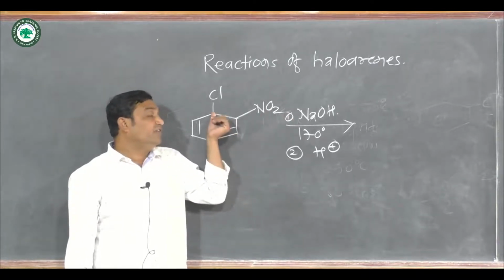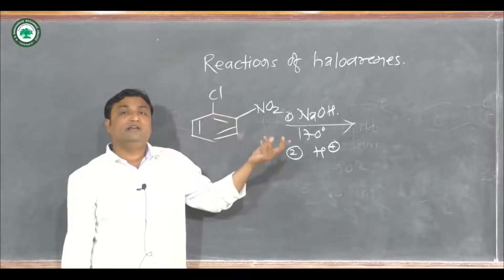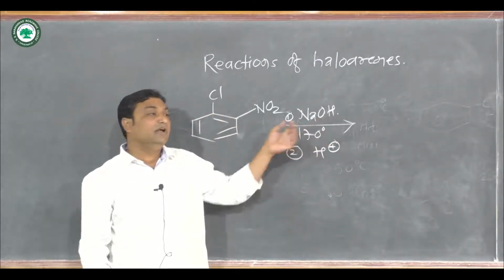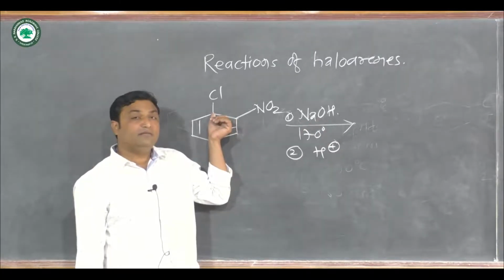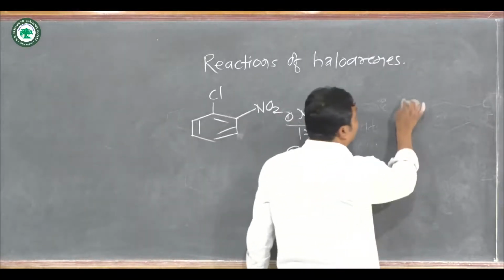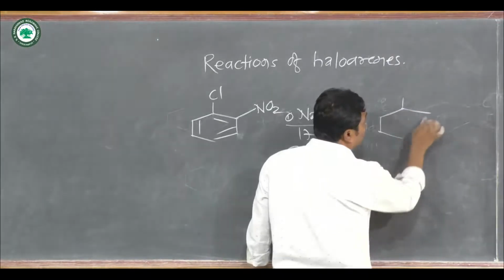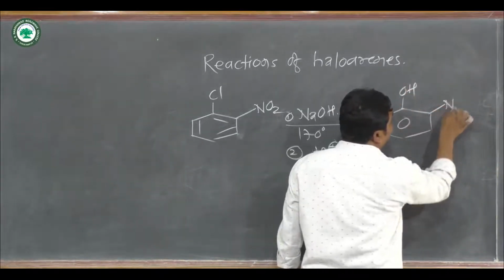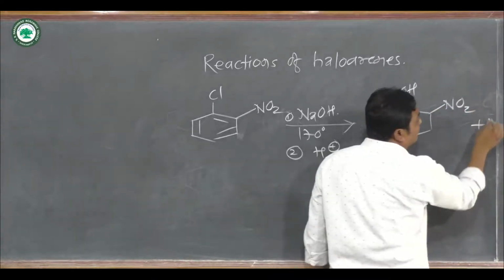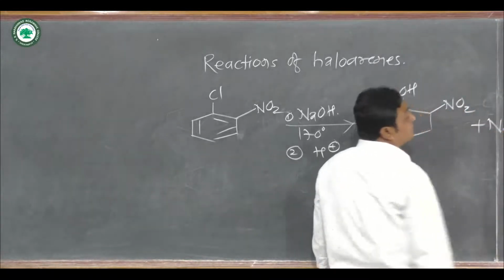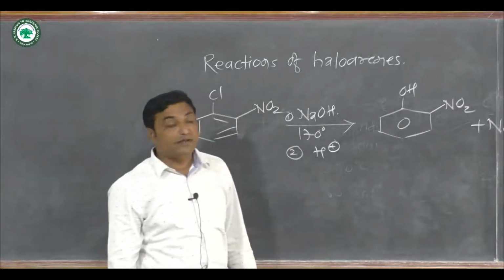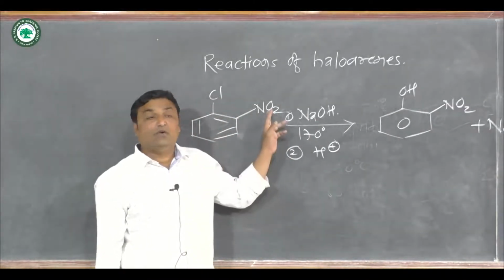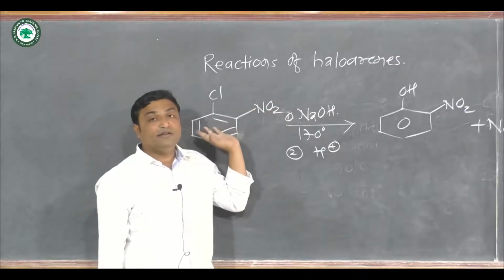Due to this, the nucleophile will easily attack this carbon atom, and we will obtain ortho-nitrophenol as a product. This is the first reaction in which we add a single electron withdrawing group on this ring.